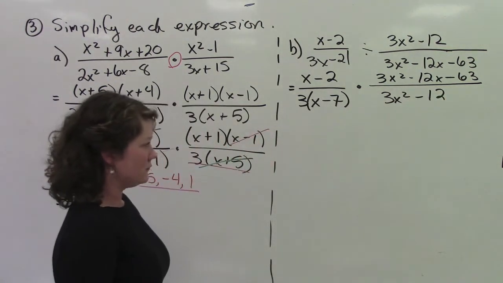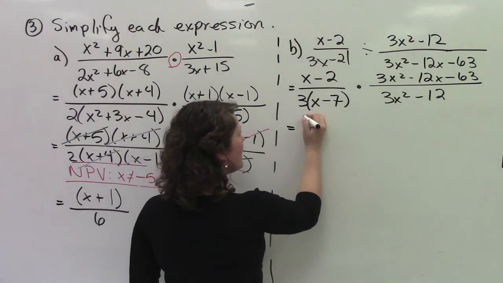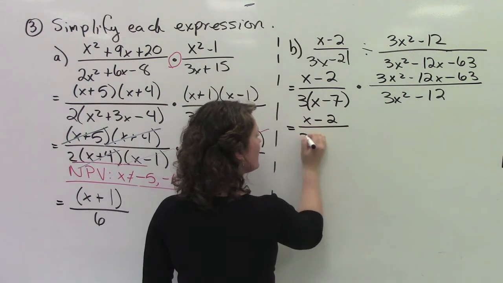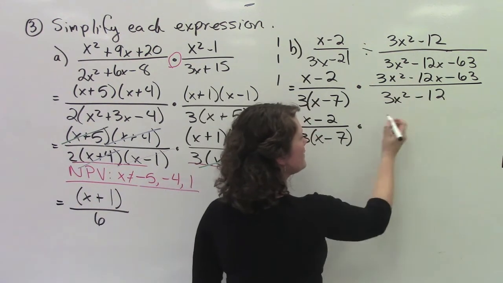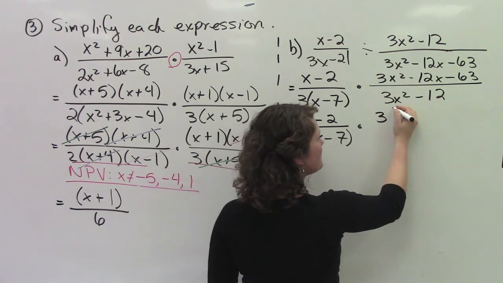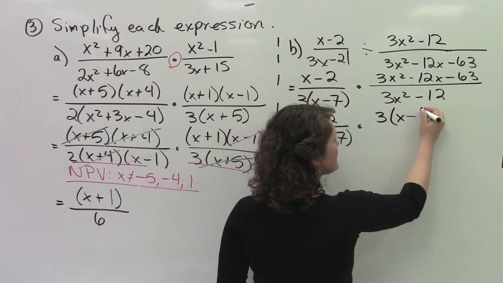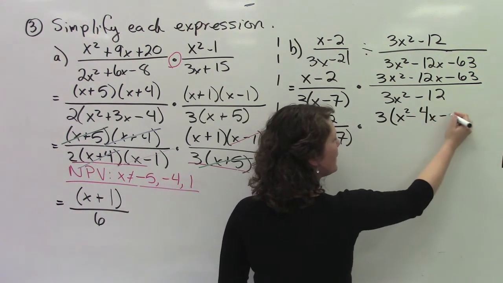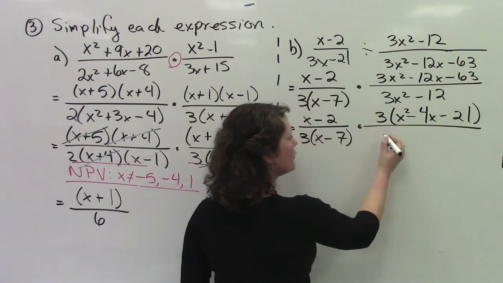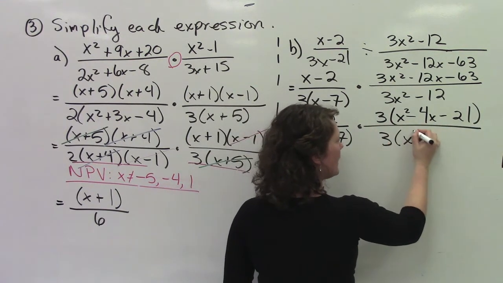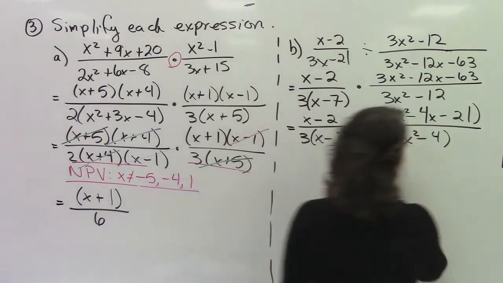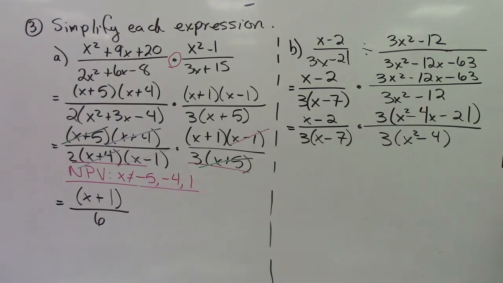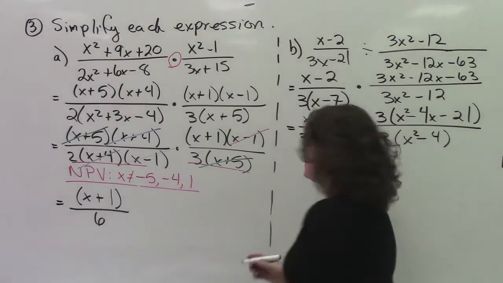All right, I'm going to factor. x minus 2 over 3x minus 7 times, I'm going to factor out a 3 up top and 3 off of the bottom, x squared minus 4x minus 21 all over 3 times x squared minus 4. We have a difference of squares here, and I know that 3 times 7 is 21, so I'm feeling like this is factorable, and I'm feeling pretty good about it.